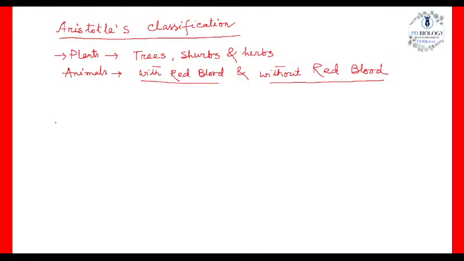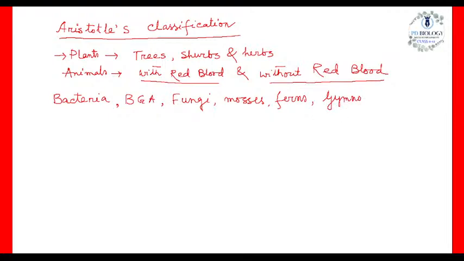Now, the earlier classification system included the bacteria, the blue-green algae, fungi, mosses, ferns, gymnosperms, and angiosperms.